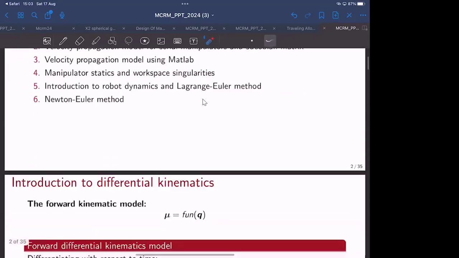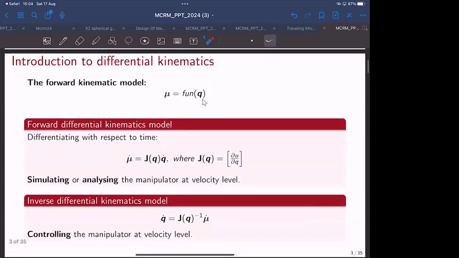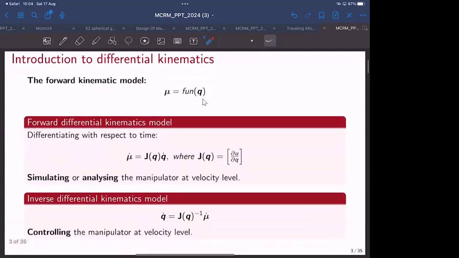Okay, so moving on. Until now, we have covered the geometrical model of robot manipulators, which can be expressed as per this function, right? Where the vector mu would usually describe the task space variables of a robot.